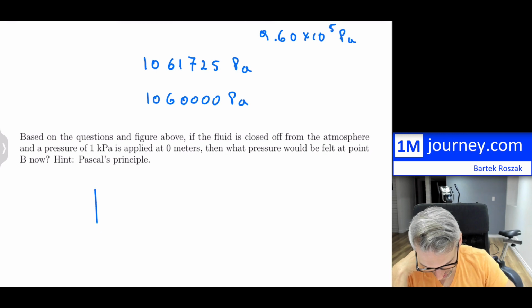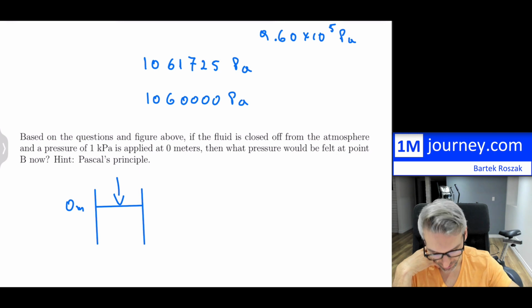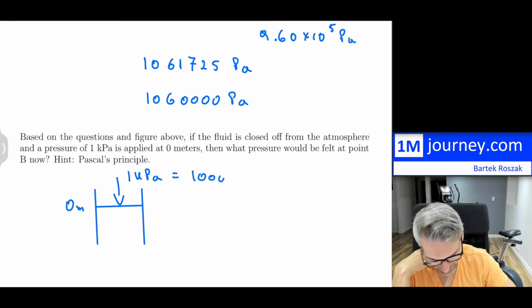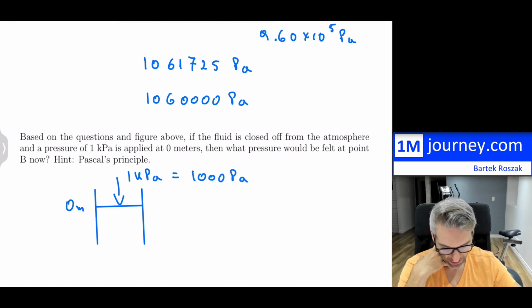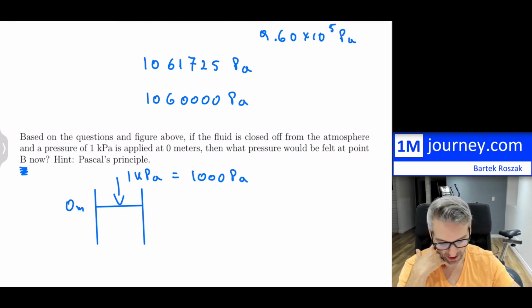This goes back to Pascal's principle. Imagine this is 0 meters over here. We're removing the atmospheric pressure because we're closed off from it, but we're applying 1 kilopascal, which is 1,000 pascals. Now what would be the pressure felt at B?